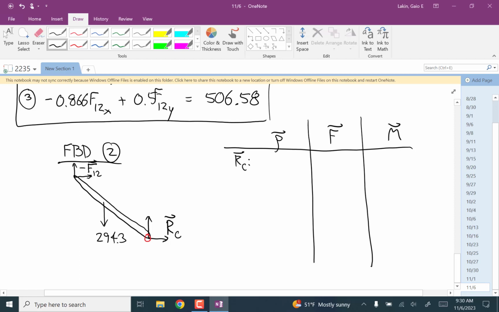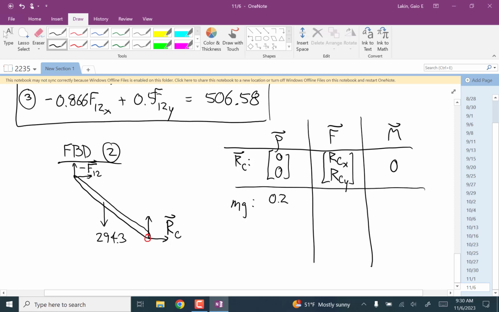So the force RC has a row vector of 0. The force is RCX, RCY. Cross product is 0. The weight force has a row vector of negative 0.25, positive 0.433.